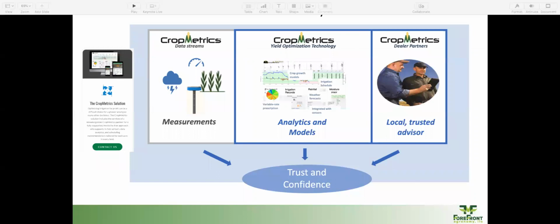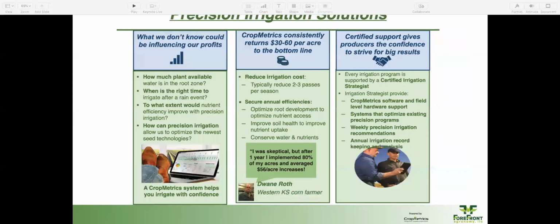Being able to utilize analysis and models to predict when that crop is going to need more water, when is that crop going to receive some rainfall or some cooler weather, and then being able to work with some boots on the ground people to help you make those management decisions.